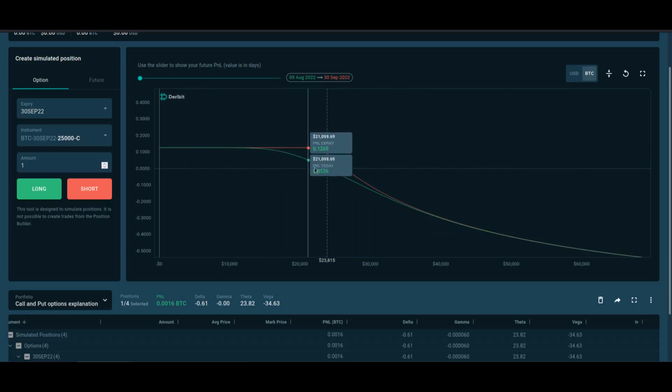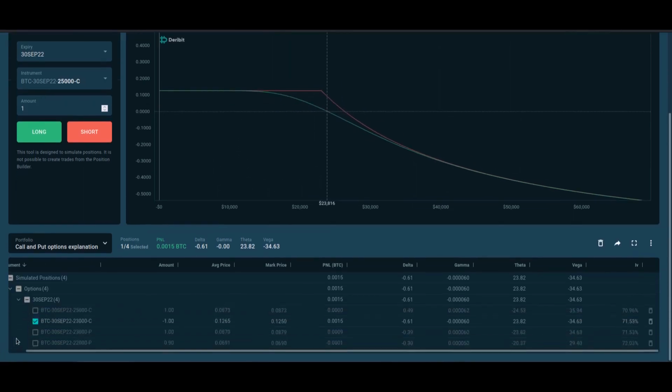We get premium and profit if price at the expiration date of this option will be less than 23,000 because we sell call. Oh, sorry, we sell call.